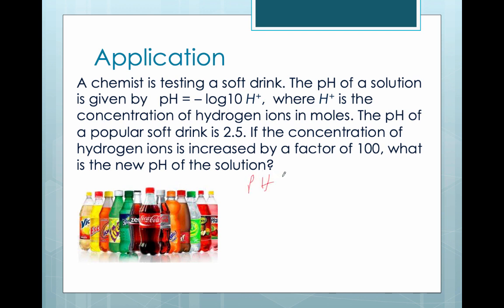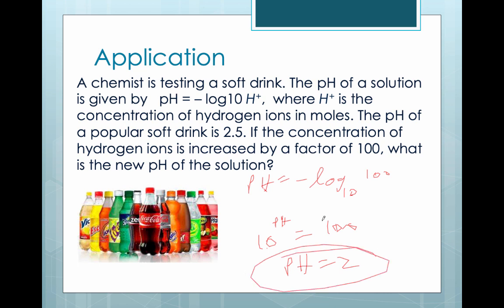The pH is equal to negative log base 10 of 100. And then I do 10 to some power, that is, the pH is equal to 100. And then I know that 10 squared is equal to 100. So the pH is 2, and the new pH is 2. So this 10 should have been down here as the base. Poorly written problem. It didn't translate over in what we were doing.